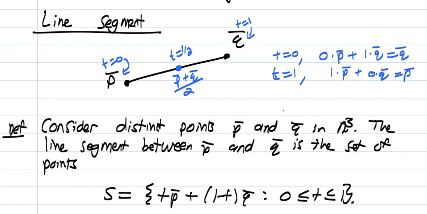And likewise, if t is between 0 and 1, we get any other point on that line segment.